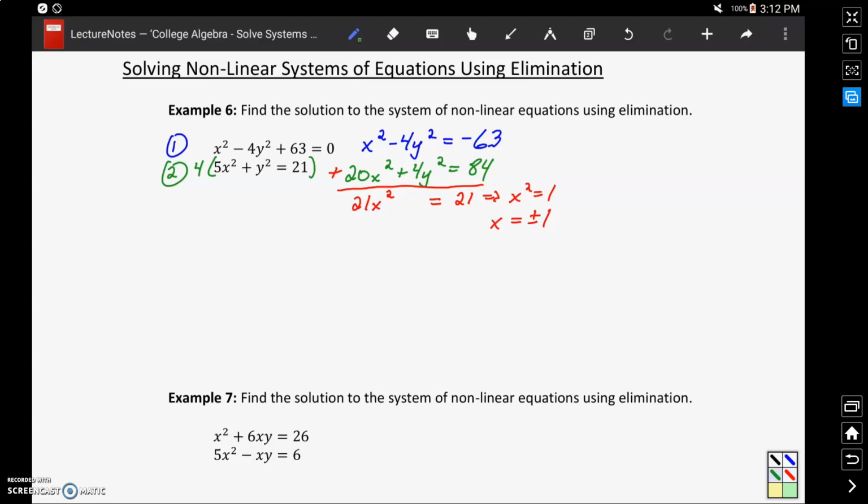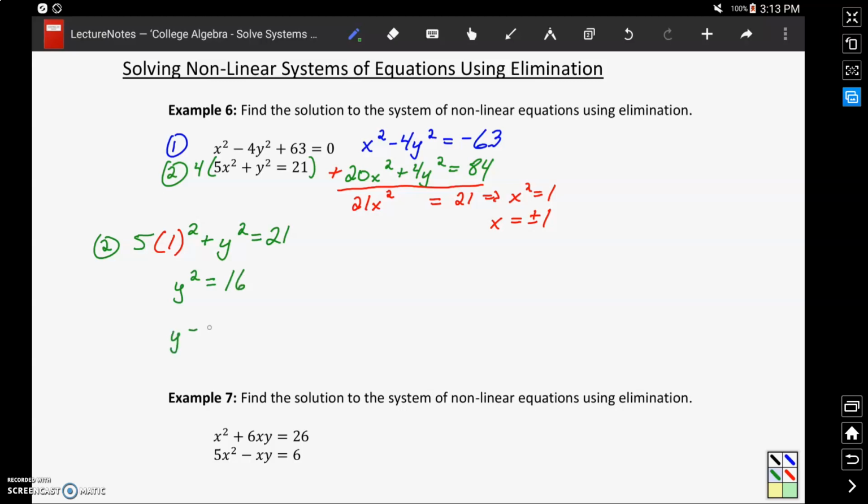Next, we'll take our two values for x and substitute them into either of the original two equations. In this case, we'll make use of equation 2 in order to solve for y. 5 times 1 squared will just give us 5, so this will give us y squared is equal to 21 minus 5, or 16.